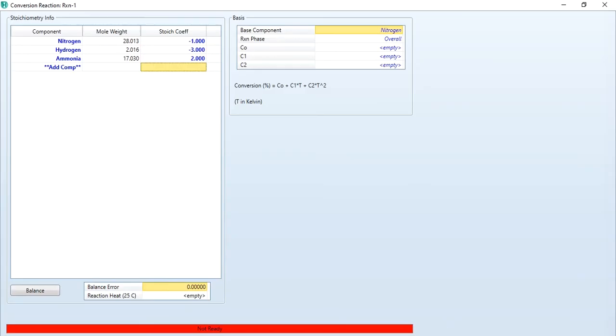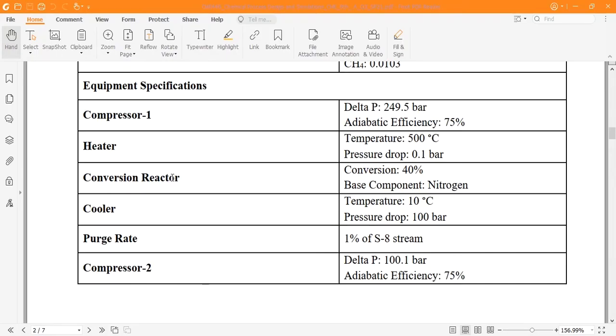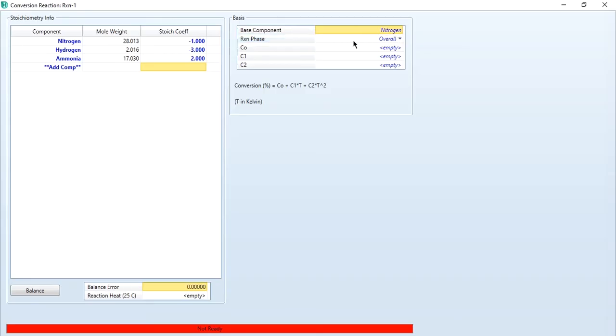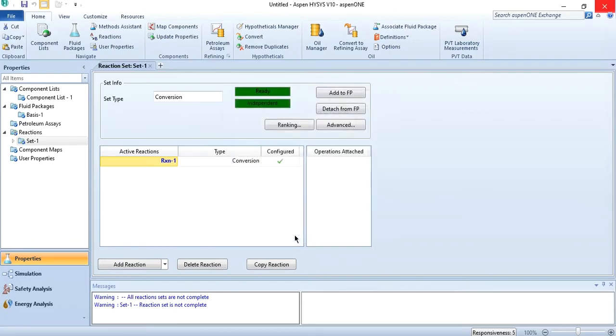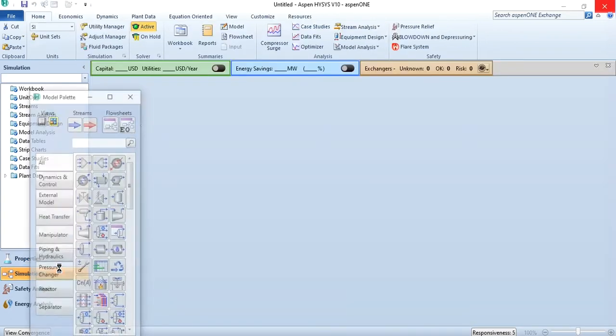If I take you back again, for the conversion reactor, the conversion is 40% and the base component is nitrogen. The reaction phase is overall, conversion is 40%, remaining will be 0. Then you need to attach it to the fluid package, or add it to the fluid package, and then proceed to the simulation environment.